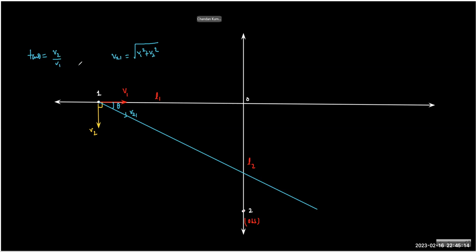Theta is the resultant of the 1 and 2, right? Velocity of 1 and 2, right? So V21 is representing the resultant vector of the two arrows which I have drawn there. So theta is representing the resultant. So we can always write tan theta equals V2 by V1. Do you realize this? Yes or no? Yes. And because we don't know how much this value is, you can choose any value, you can name it. So what do you want to assume?